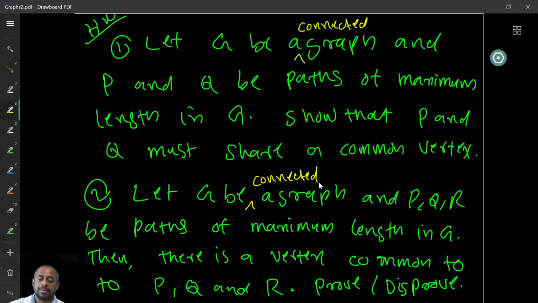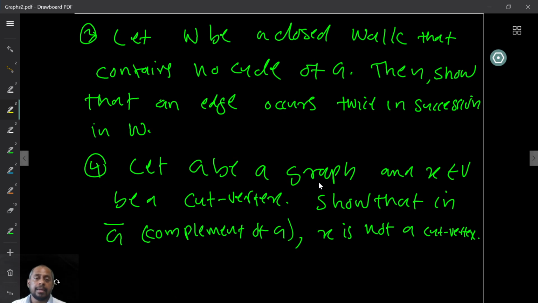That is the second question. Then suppose W is a closed walk that contains no cycle of G, then show that an edge occurs twice in succession in W. So you have a closed walk, and this walk does not use any cycle, then show that an edge occurs twice in succession.